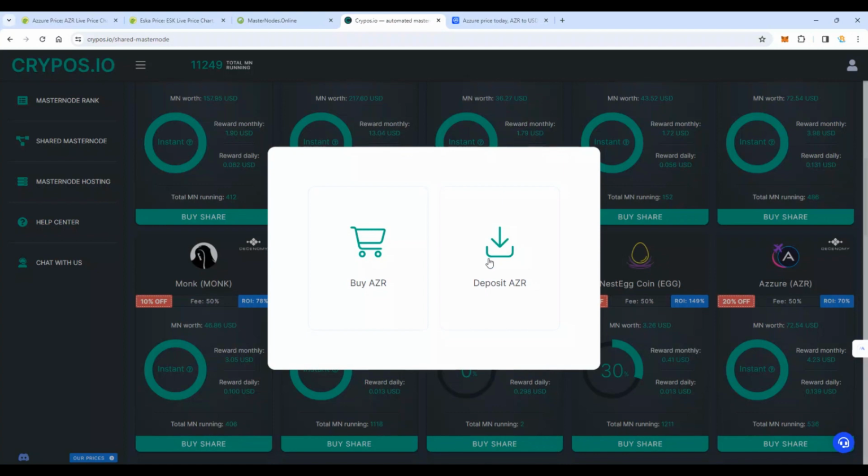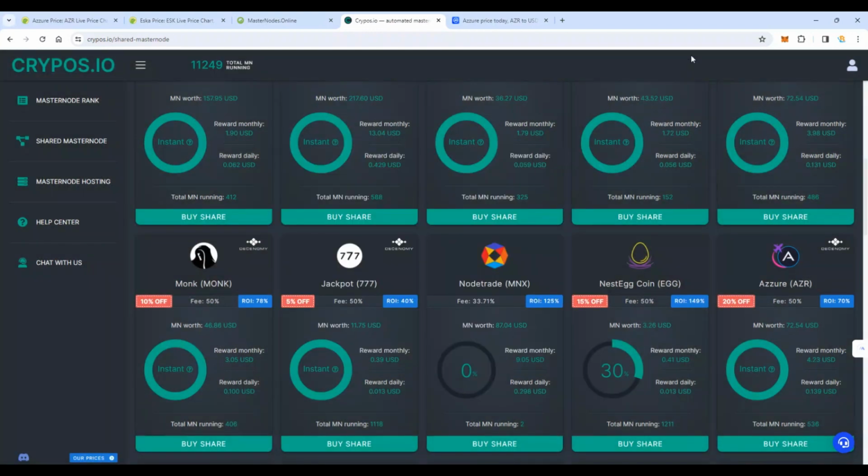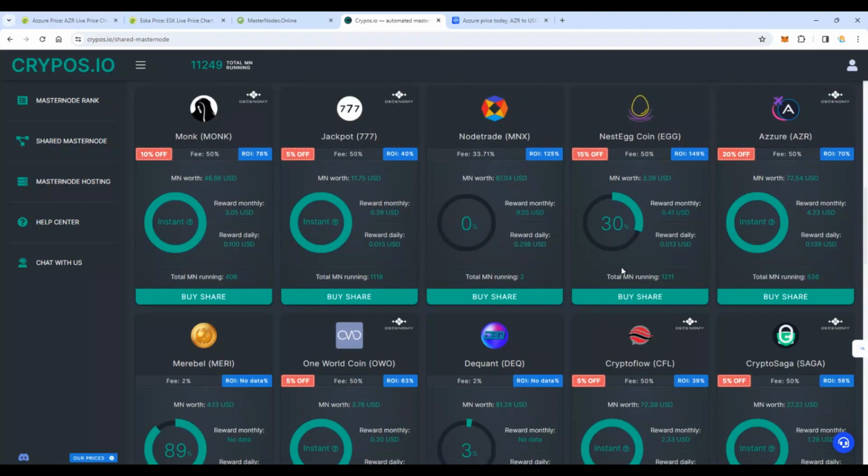The moment you deposit your Azures, you'll have a deploy button. You just click deploy and you're good to go. And by so doing, you'll start running a node on whatever cryptocurrency project you are interested in.